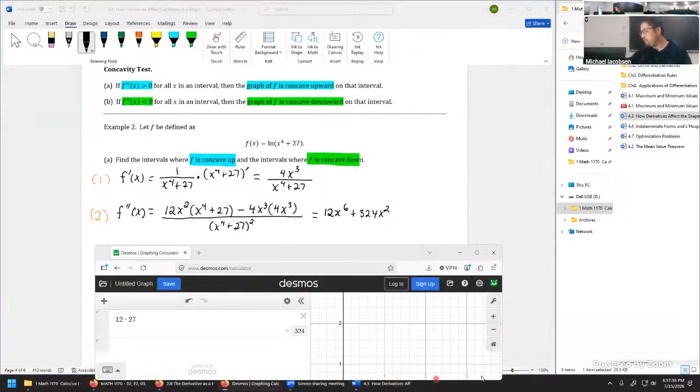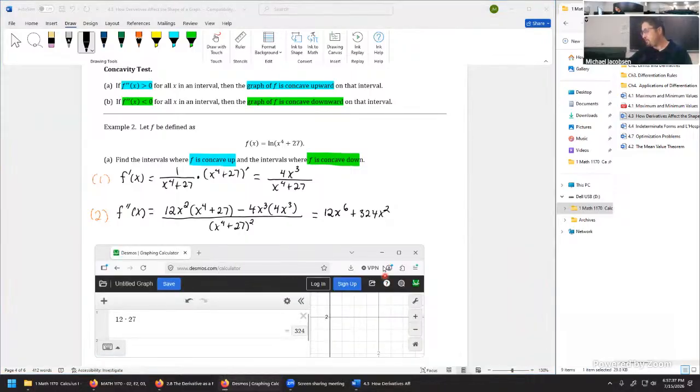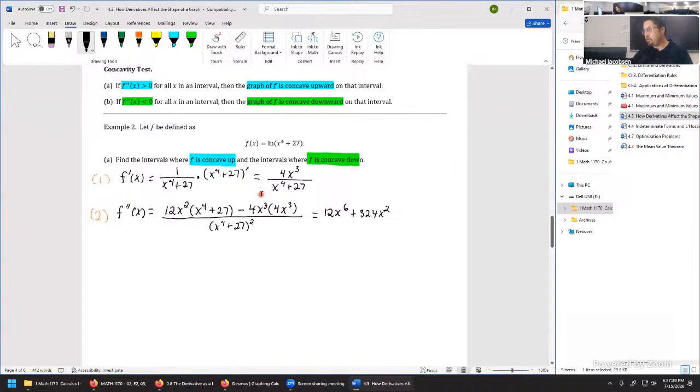So that's the first part distributed in. Then go minus 16 x power 6 divided by x power 4 plus 27 squared. Then it just keeps on going. So on the next step, we're going to get to negative 4 x power 6 when we combine our like terms.